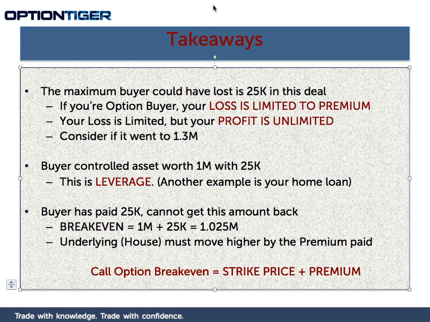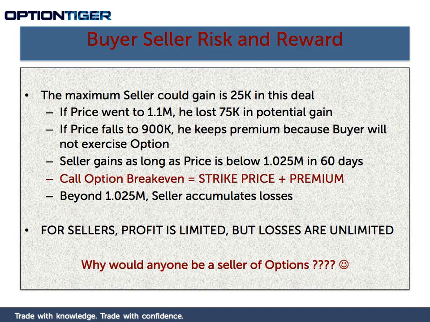The strike price was at 1 million and the premium we paid was 25,000. So for that call option to break even, it must cross that threshold, which is the strike price plus the premium. Let's now quickly look at both the buyer and the seller's risk and reward profiles.